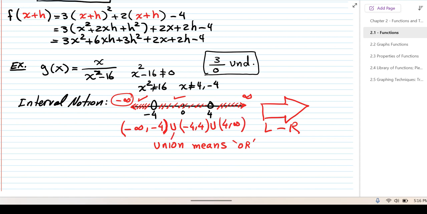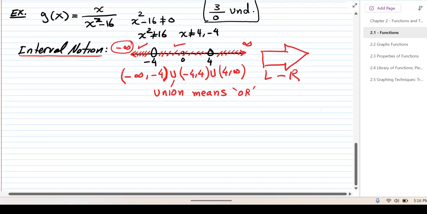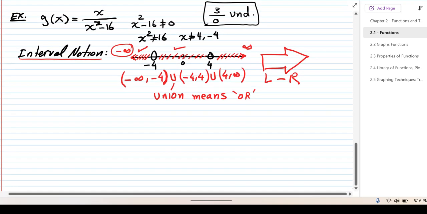So that's what the interval notation is. Remember, with interval notation we use parentheses and brackets. And there you have it, the solution to this example.